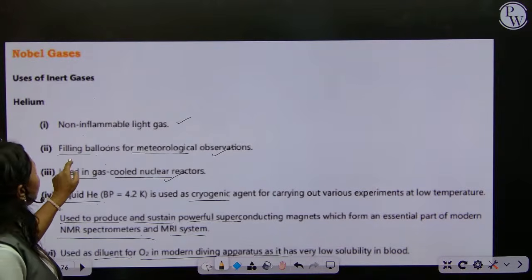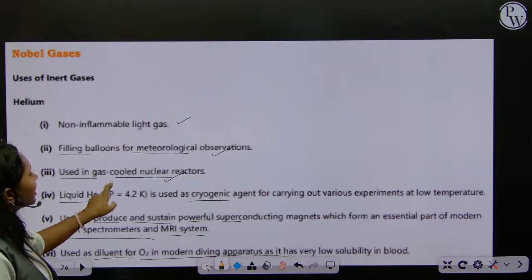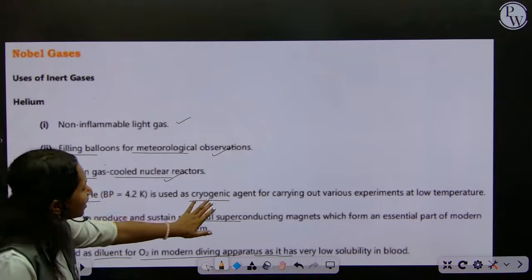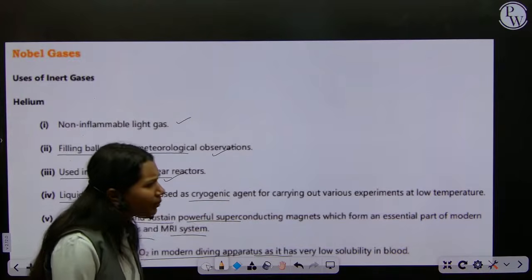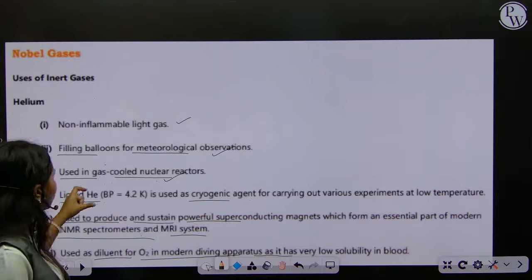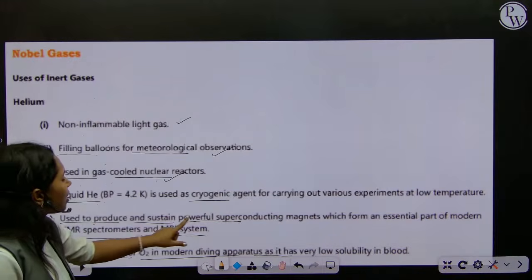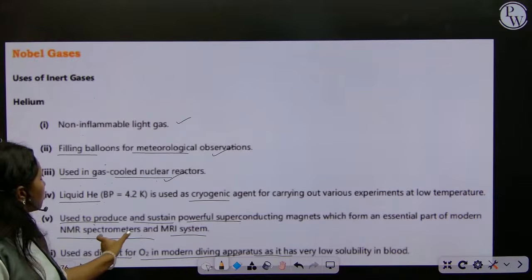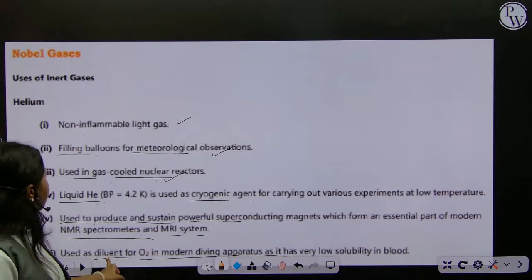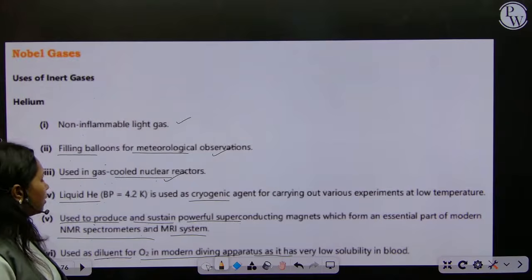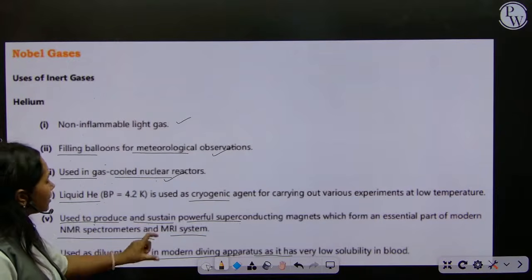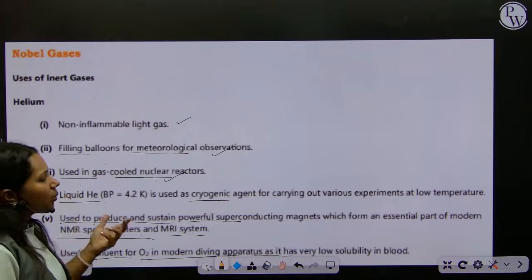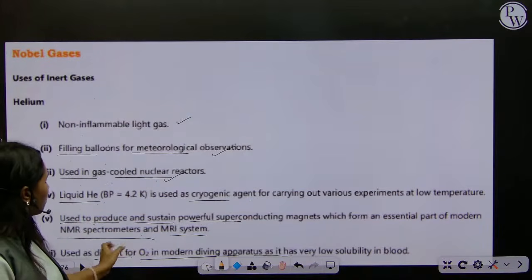Non-inflammable, filling balloons, used in gas-cooled nuclear reactors. Liquid helium is used as a cryogenic agent for carrying out various experiments, because helium does not react. Used to produce and sustain powerful superconducting magnets, which form an essential part of modern NMR spectroscopy and MRI. Used as a diluent for O2 in modern diving apparatus. Again, the reason is, if you dilute oxygen with a noble gas, it will not react.